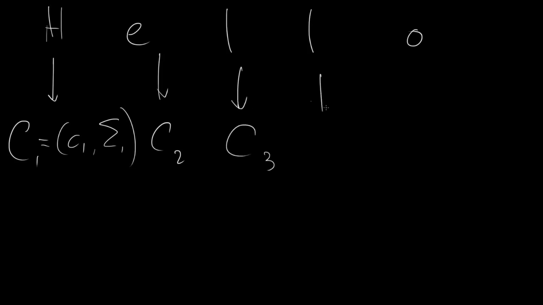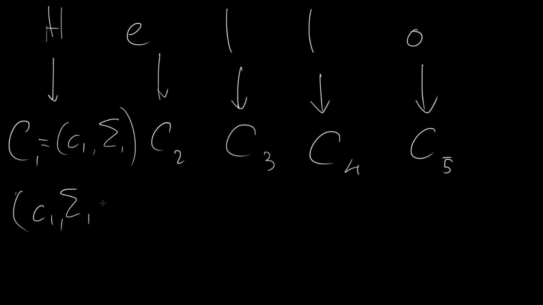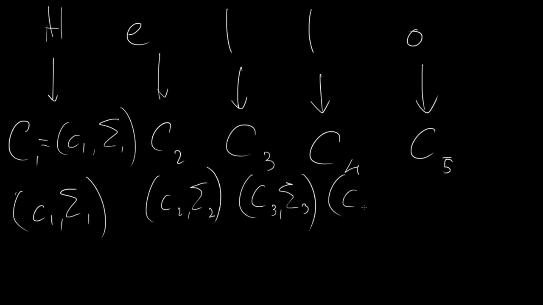c3, c4, c5. And think about it. All this: little c1, sigma 1, little c2, sigma 2, little c3, sigma 3, little c4, sigma 4, c5, sigma 5.